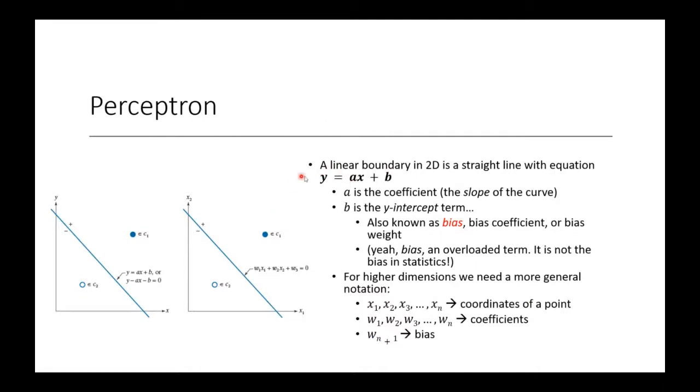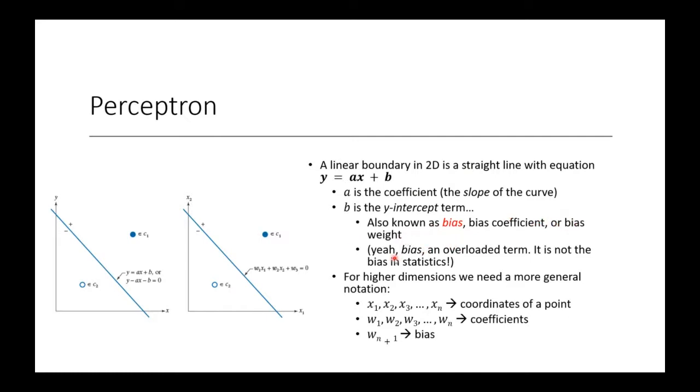So, as it's explained here, a linear boundary in two-dimensional space is a straight line with equation y equal to ax plus b, where a is the coefficient or the slope of the line, and b is the y-intercept term. But in neural network terms, the y-intercept term is understood as the bias or bias coefficient or bias weight.